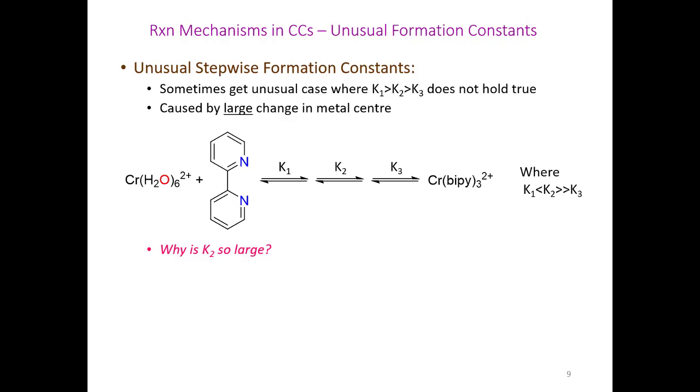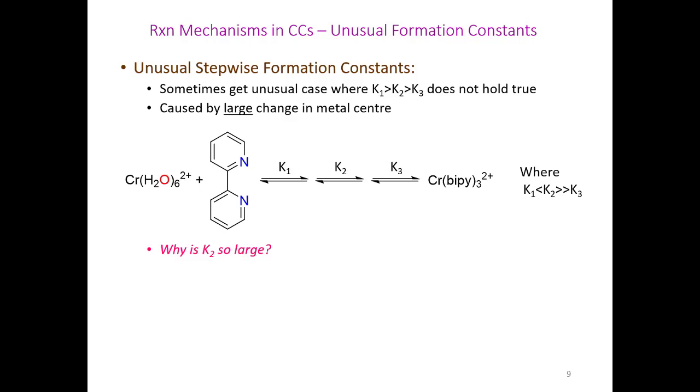So there has to be something else at play. I mean, the chelate effect is definitely driving the ligand substitution to occur, but the unusual magnitude of K2 with respect to K1 has to be due to something else.